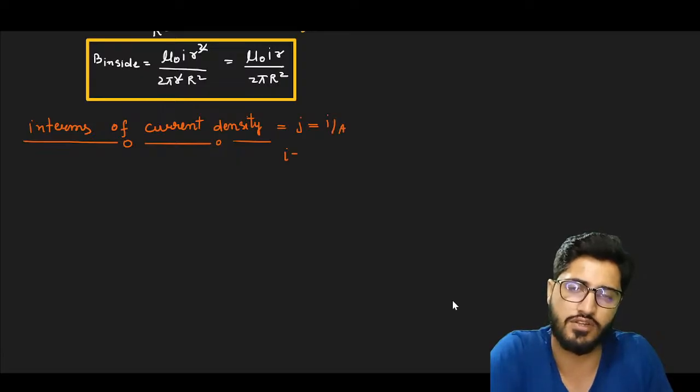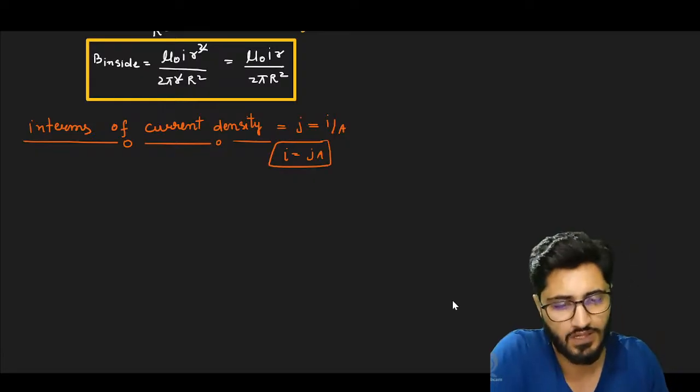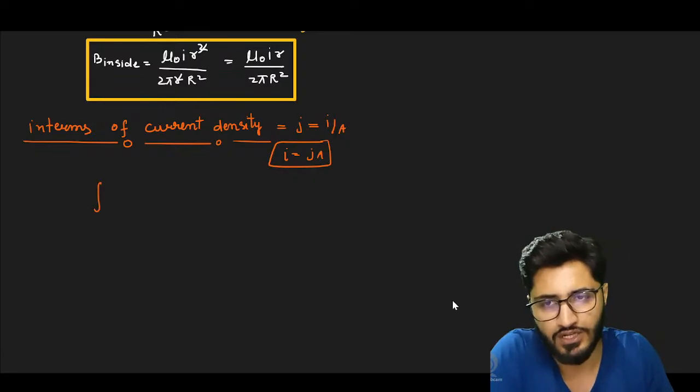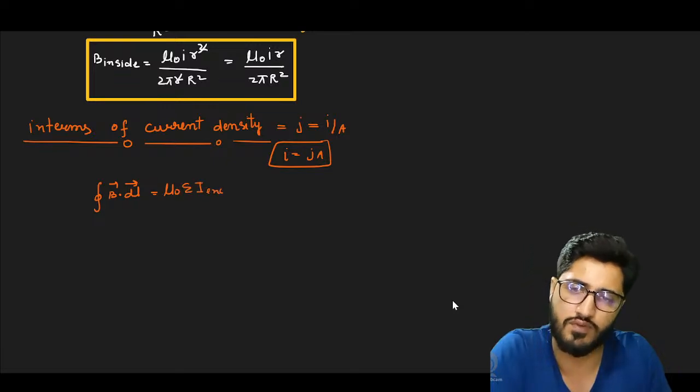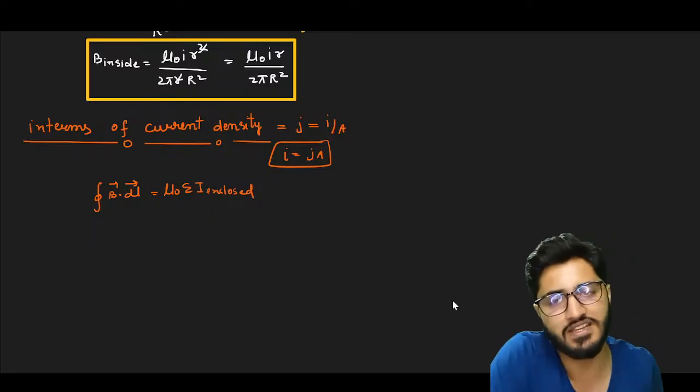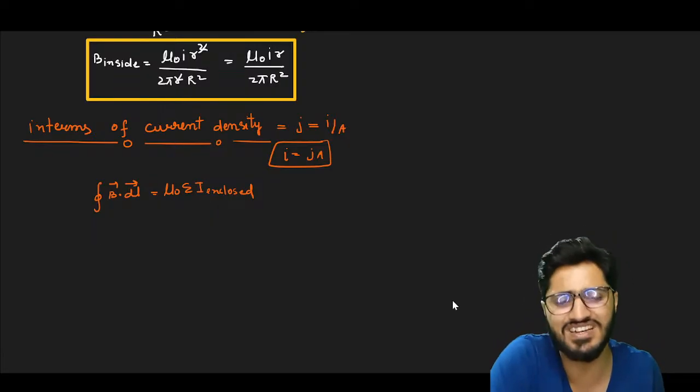That means current is equal to JA. Now look, integration of B dot dl equals mu naught summation of I current, which is enclosed. Current density is the same, no? If the material and conditions are the same, you can write density is the same.